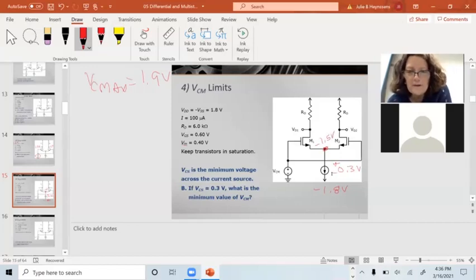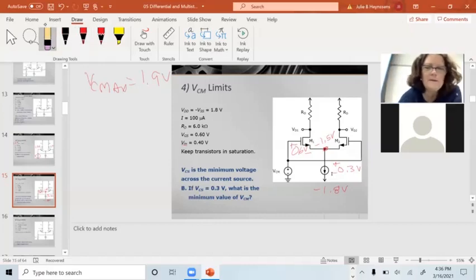My VGS is 0.6 of a volt. So if I go 0.6 of a volt, no, I'm not. Above there, VS min is negative 1.5, that's right. Oh, okay, never mind.